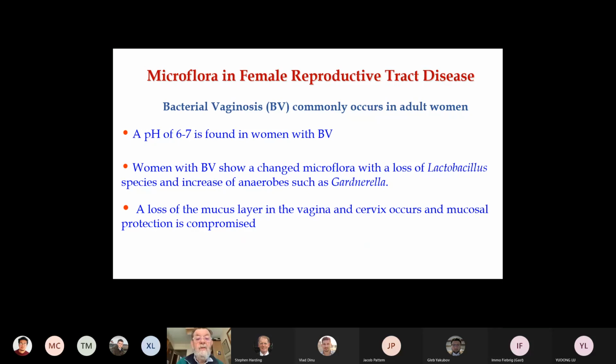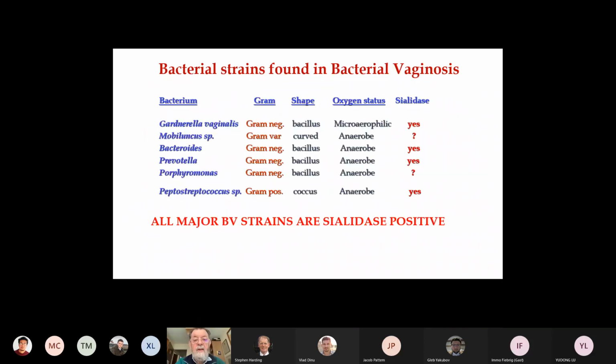As a result, these anaerobes have higher levels of glycosidase activity, and it leads to the destruction of the mucus barrier in the vagina and the cervix, and you lose protection and interactions that would normally take place, including fertilization at these locations. Okay, next slide.